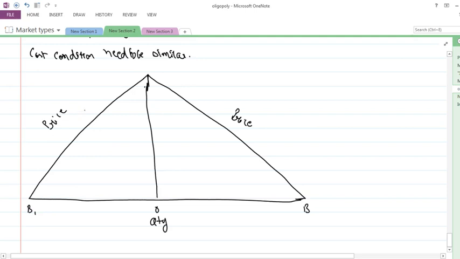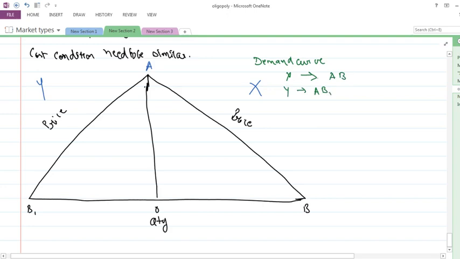So here we have the demand curve of Y. On the left side we will be seeing the firm Y, and on the right side we will be seeing the firm X. The demand curve of both the firms: for firm X we have AB, and for firm Y we have AB1.